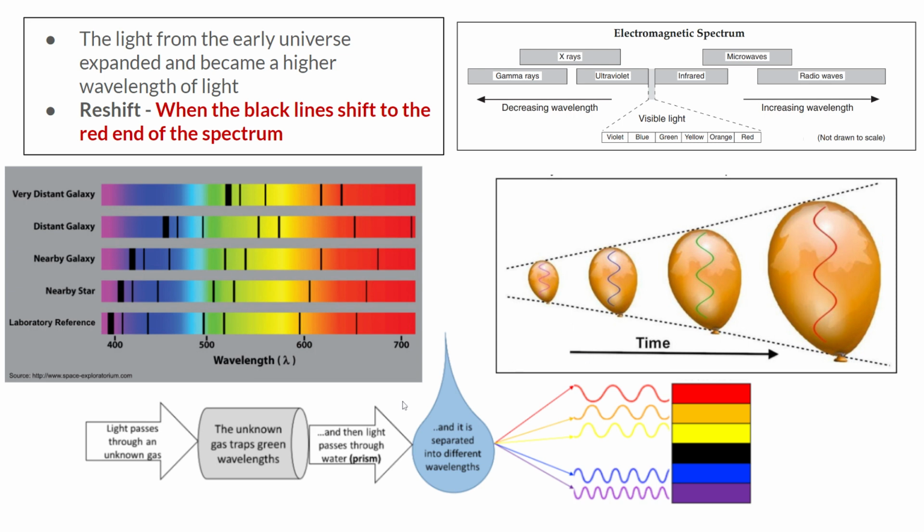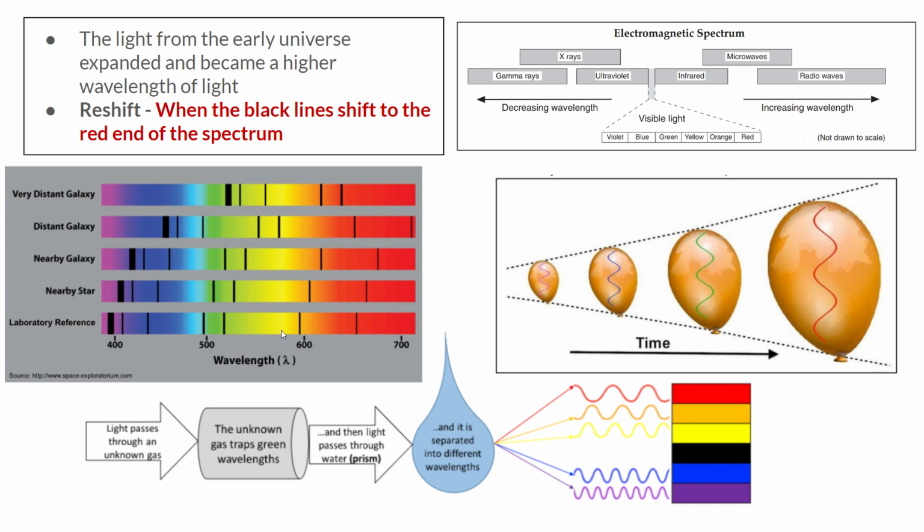So originally, say that star was made up of hydrogen and that light passed through hydrogen gas and then it came to our spectroscope, the device that we use, and we split it into components, and then we have a black line and I know that it's hydrogen, right?